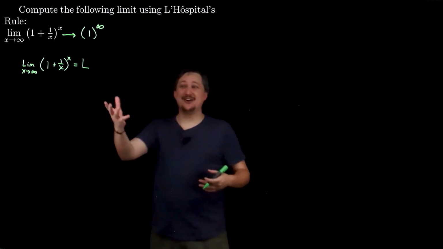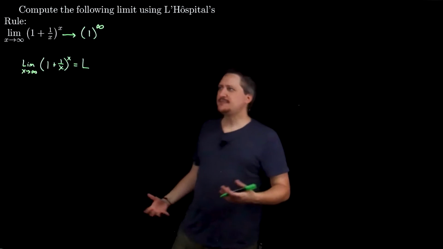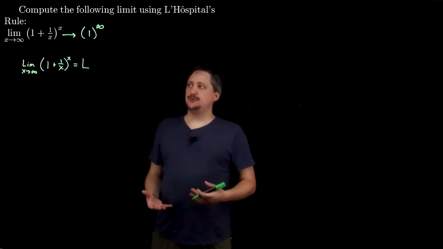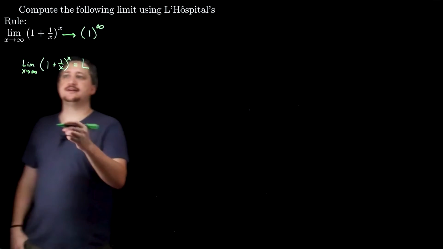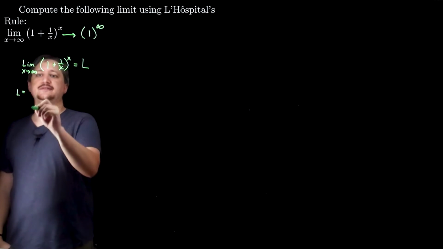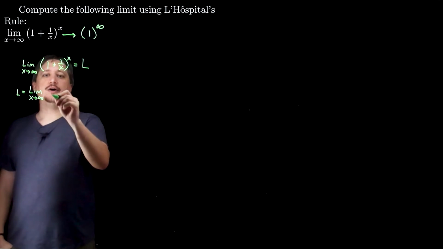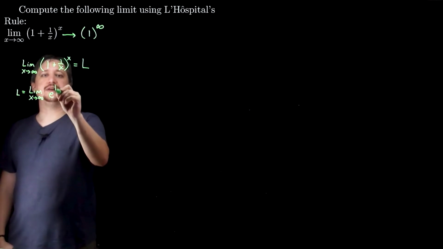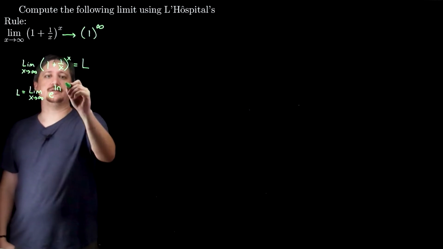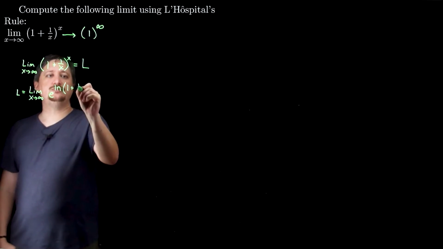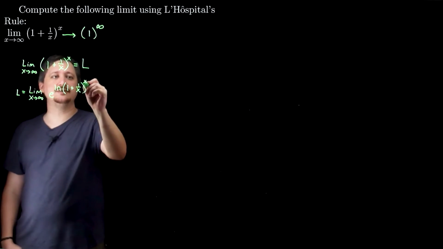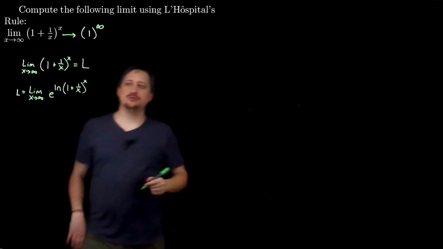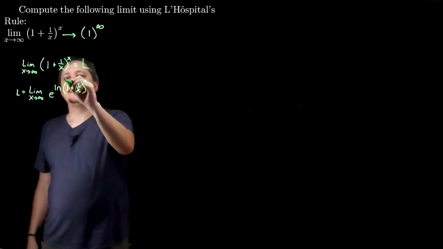All right, so let's say I call this thing some L. Well, what I could do is rewrite this thing. I can think of L as the limit as x goes to infinity of e to the natural log of this thing. Now, I can do this. I actually don't need that it exists or equals L, because the e and the natural log undo each other.